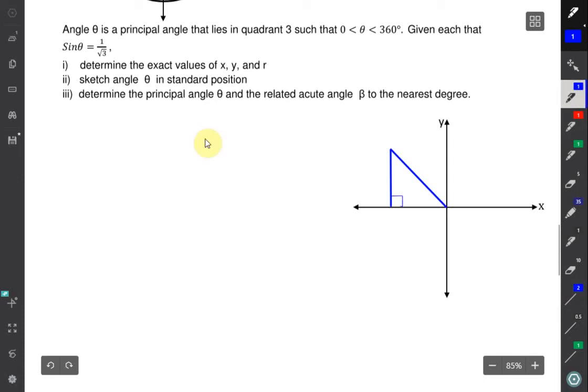Labeling these, we have the opposite is 1, the hypotenuse is root 3. So we already have y and r. y equals 1, r equals the root of 3. We simply have to find out what x is.